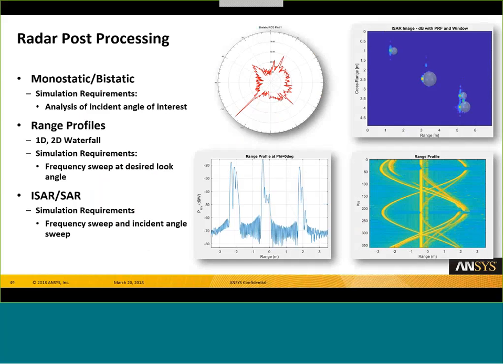So for example, if we add a frequency sweep to a standard monostatic RCS, we can get a range profile that allows us to pick out features that are distributed along the object look angle. So additionally, if we add not only frequency sweep, but a look angle sweep, we can start to get enough information to reconstruct the entire radar image. So as you'll see, this is extremely powerful data that can augment monostatic and bistatic RCS.